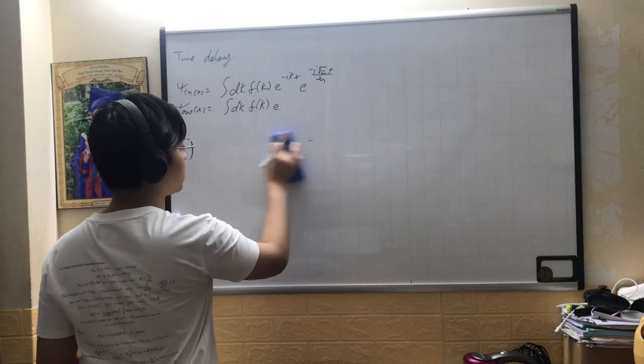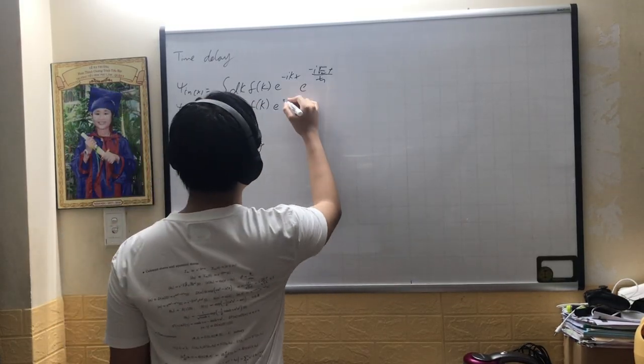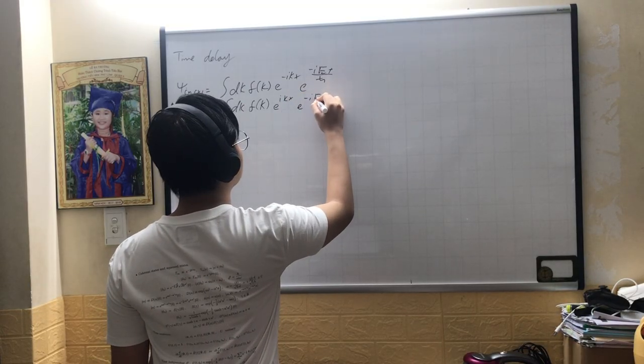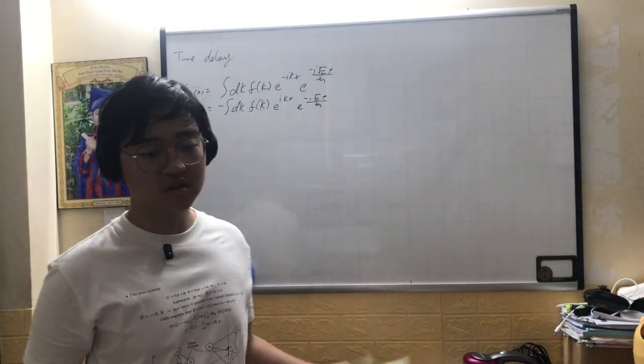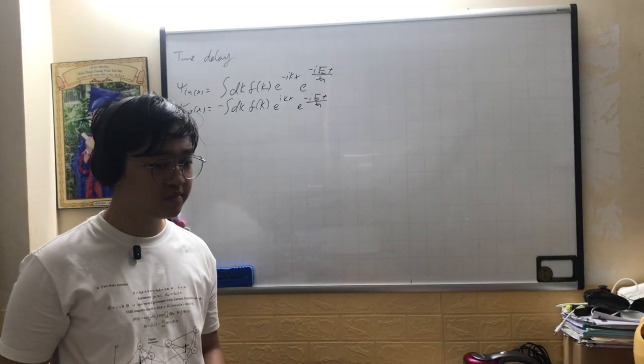So I will not write the phase shift, and instead put a -1 outside. Alright, e^(-iEt/ħ). Okay, so this is your Fourier transform.